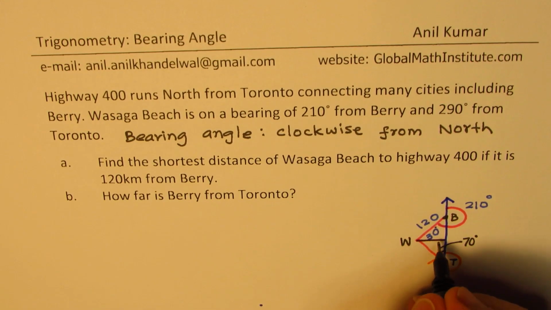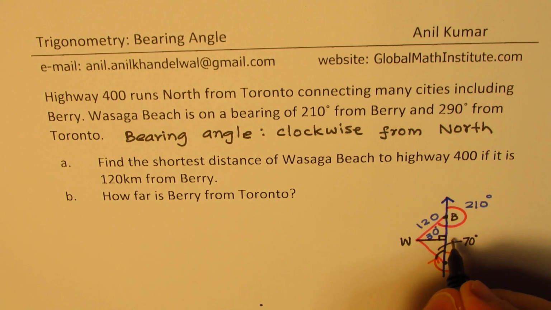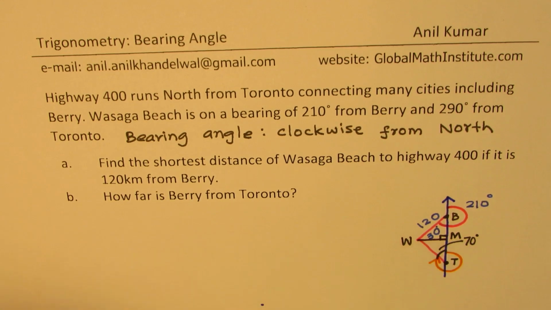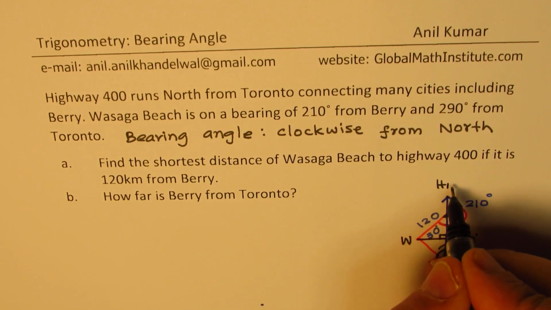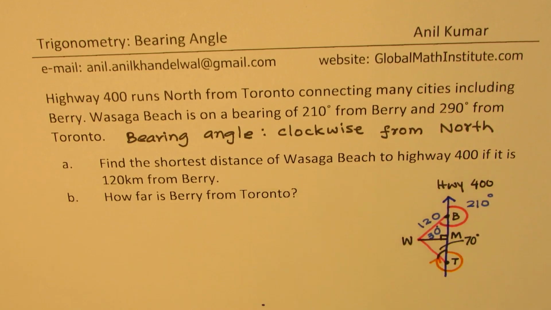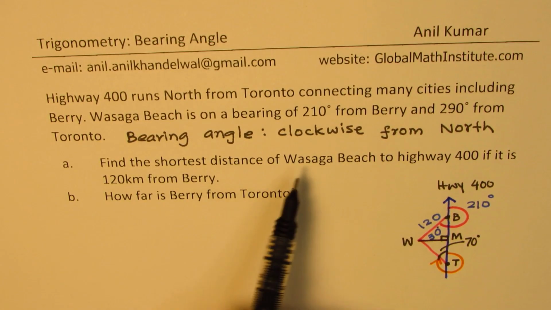Let's figure out the solution. Let's say that the minimum point here is M. So WM is the shortest distance between Wasaga Beach and the highway 400. Now find the shortest distance.